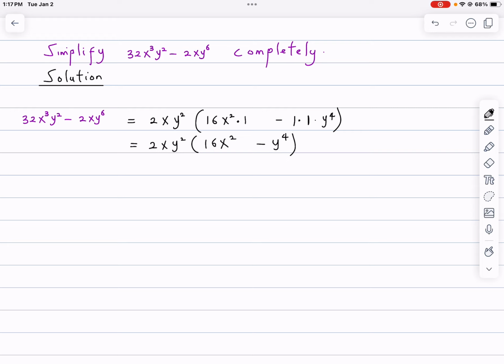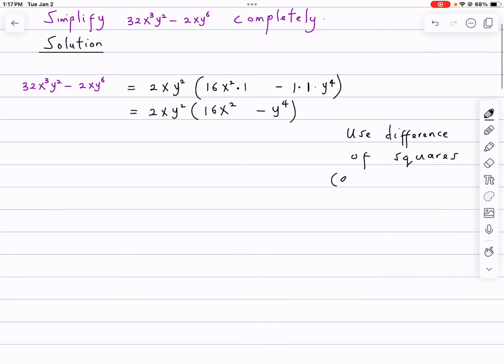Okay, I'm going to write it by the side, let's use difference of squares. We can use difference of squares. And this states that a squared minus b squared is equal to a plus b, a minus b.